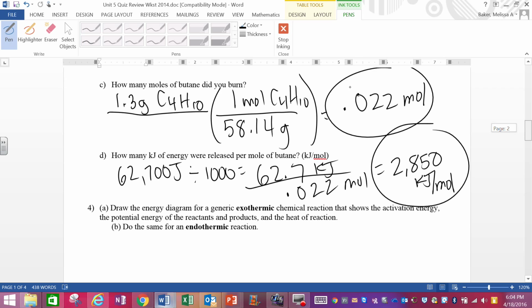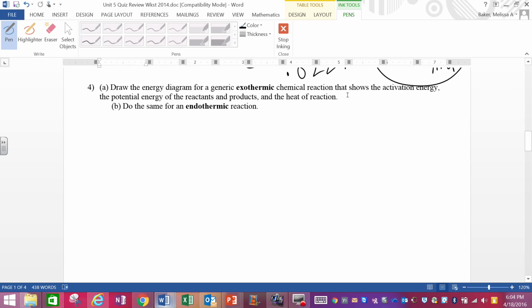All right, changing gears. Number 4, draw the energy diagram for a generic exothermic chemical reaction that shows the activation energy and the potential energy of the reactants and products and the heat of reaction. Do the same for an endothermic reaction. Okay, so exothermic, you go up and way down. So I'm going to put my reactants at the start, of course.